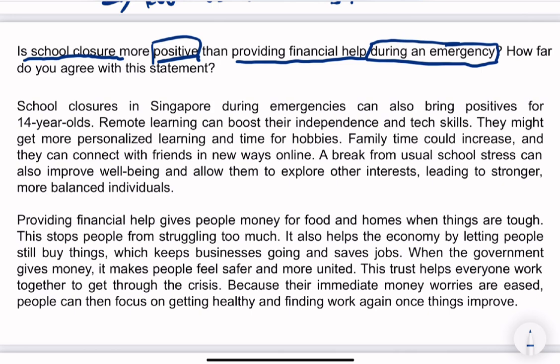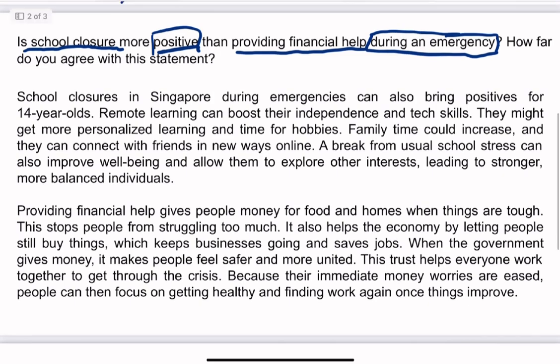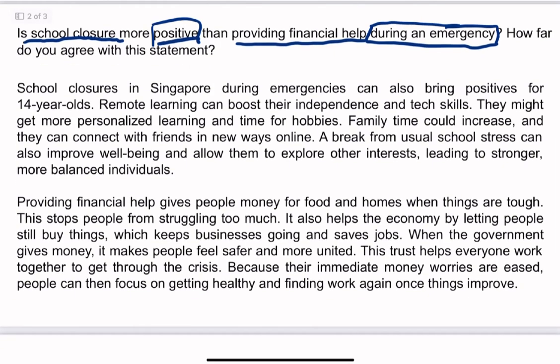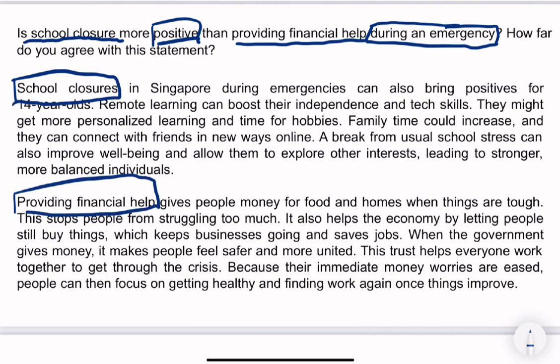This is just here as a fictitious paragraph, just to provide an example. There's really no example inside. So now the question here is school closures, providing financial help. Which is most significant? Which is most positive?